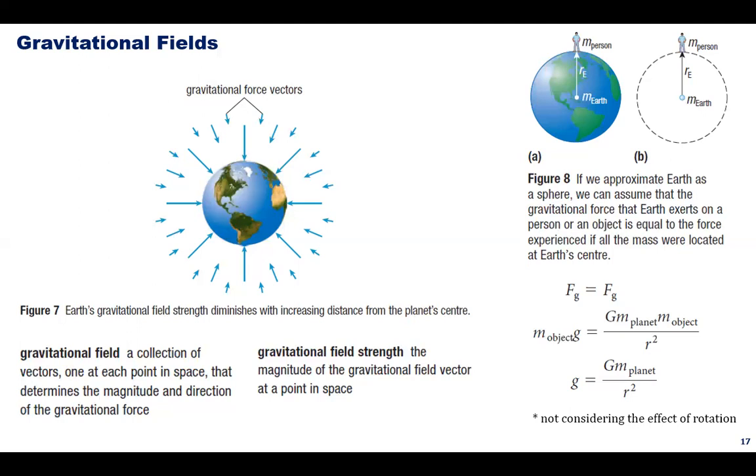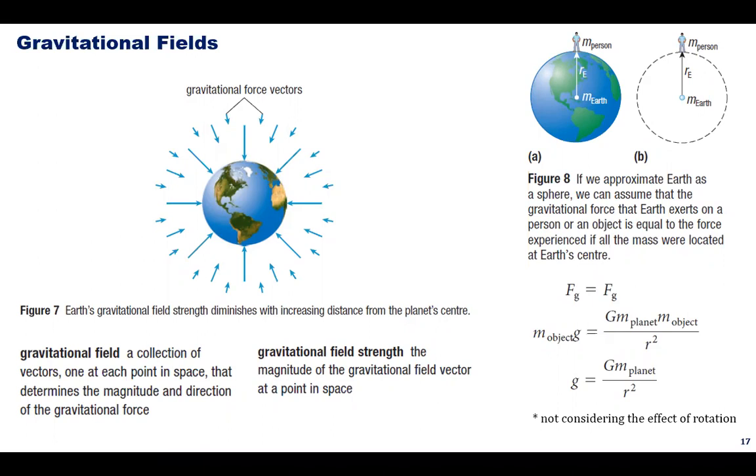on the object mass and the distance from its center, which is shown here in figure 7. The gravitational field of the central object can be represented by this collection of vectors. A gravitational field exerts forces on objects with mass. The gravitational field strength is the force of attraction per unit mass of an object placed in a gravitational field, and it equals the gravitational force on the object divided by the object mass.